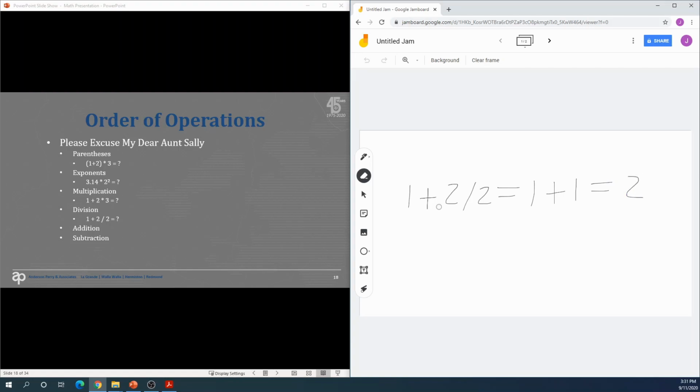So again, we did the division first. 2 divided by 2 is equal to 1. So this is the same thing as 1 plus 1, which equals 2. Then the last order of operations is the addition and subtraction. Again, just remember, please excuse my dear Aunt Sally or PEMDAS.